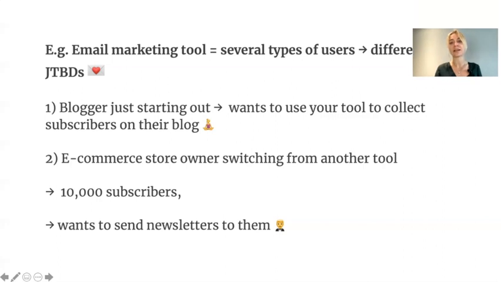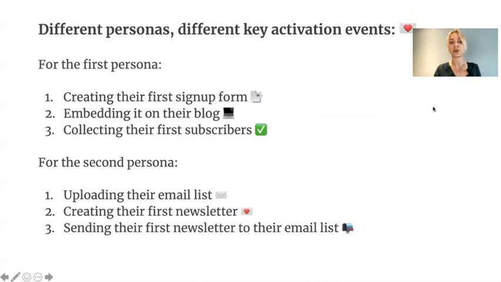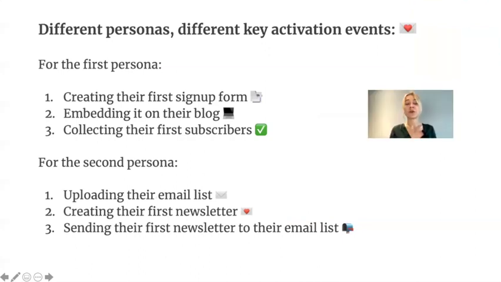Let's have a look at how the activation point will be different for these different types of users. For the first type of user, the blogger who wants to only collect new subscribers, the key activation points will probably be creating their first sign-up form, embedding it on their blog, and collecting their first subscribers.